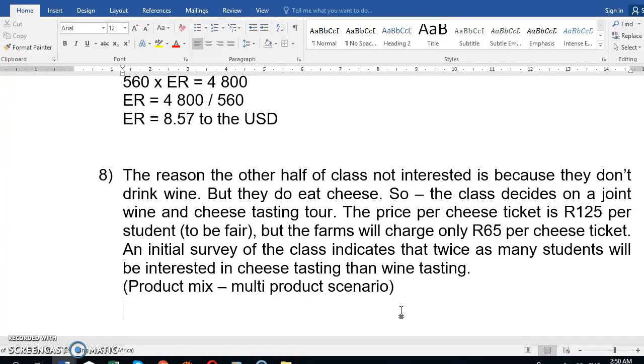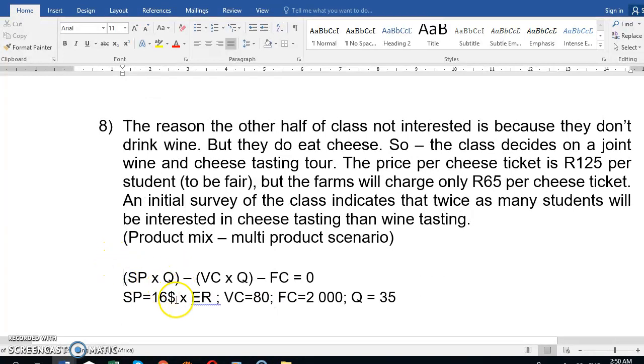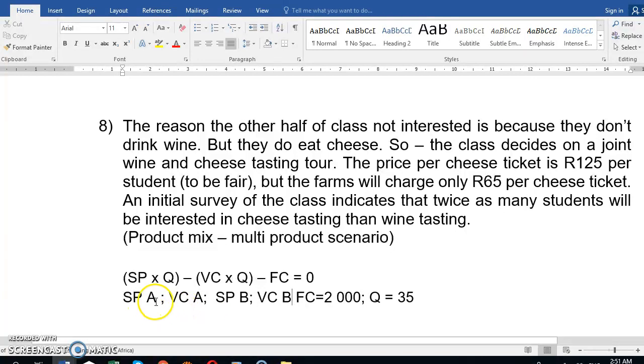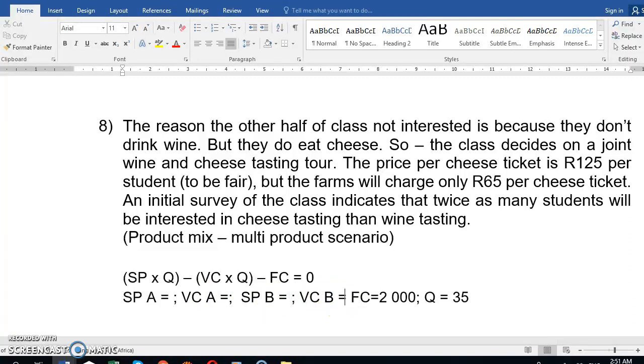So the only difference is you're going to have a selling price for, let's call it product A, then you need a variable cost for product A, and then a selling price for product B, as well as a variable cost for product B. Very important, fixed cost is not dependent on product A or product B, because fixed cost is not linked to a specific product.